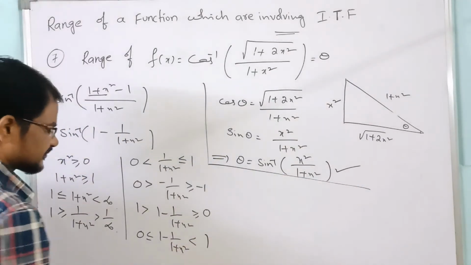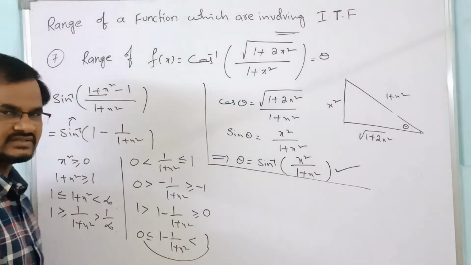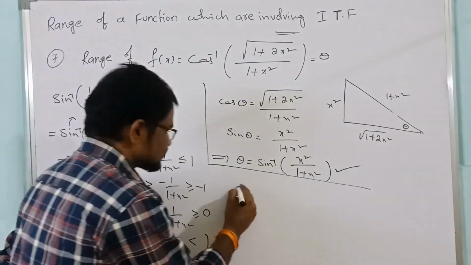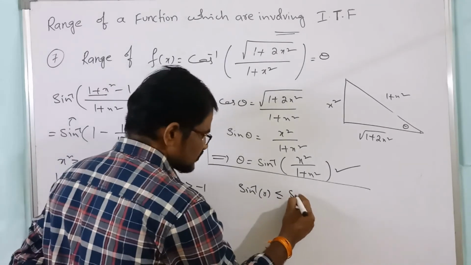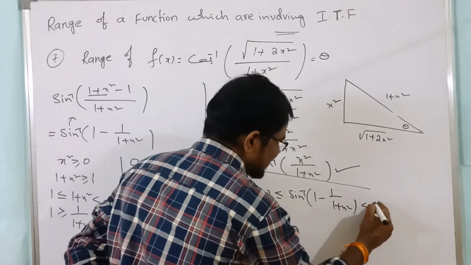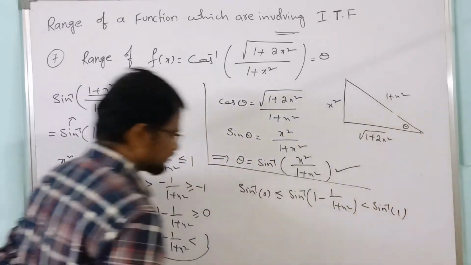In this interval, sine inverse x is increasing, because we have to apply sine inverse. So sine inverse of 0 is less than or equal to sine inverse of 1 minus 1 by 1 plus x square, less than sine inverse of 1.